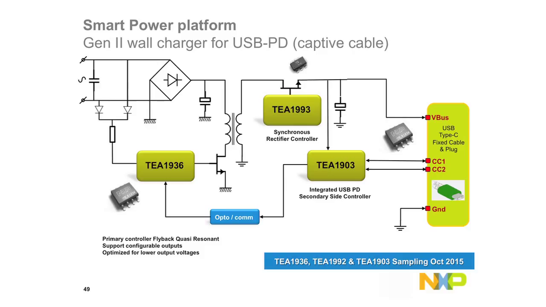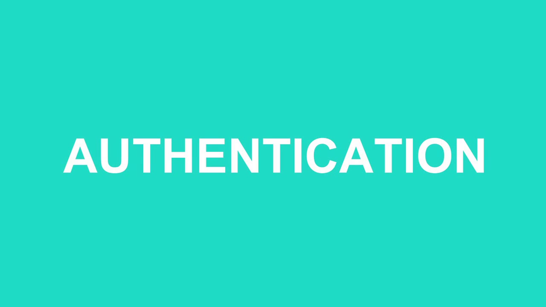And the TEA 1903 on the right bottom is the integrated PD controller with the secondary. So it's an integrated PD secondary side controller for your AC-DC application. Just something to keep in mind, that you can have a very integrated and compact solution for a PD capable charger as well.